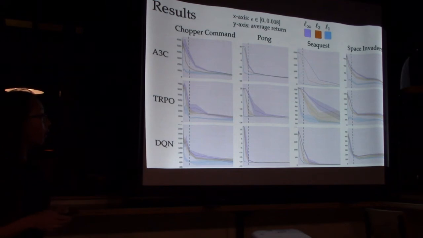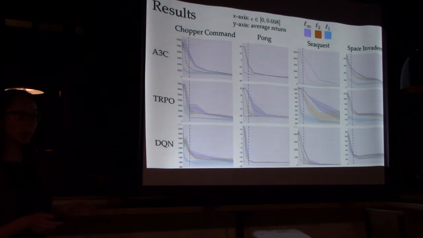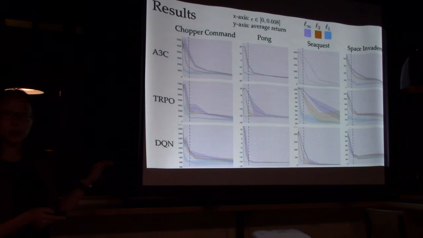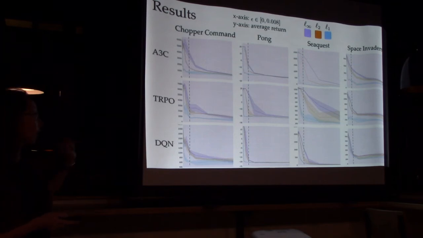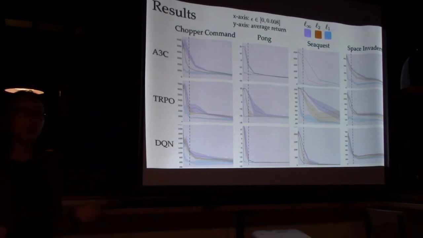And one other interesting fact is that there does seem to be a little bit of a difference depending on how you train your policy in terms of how effective your adversarial perturbations are. In particular, policies that are trained with DQN seem to be the least robust in resisting adversarial perturbations.